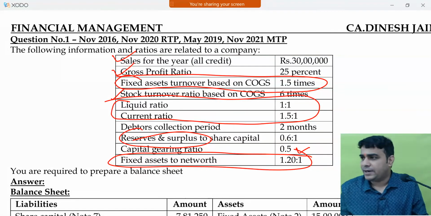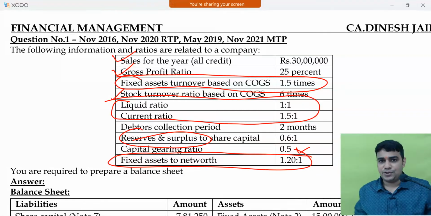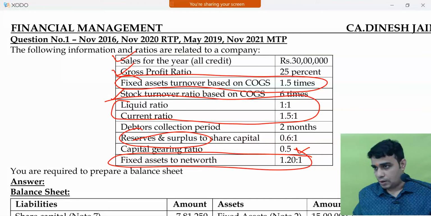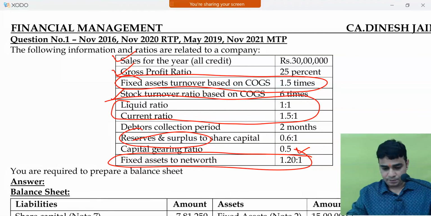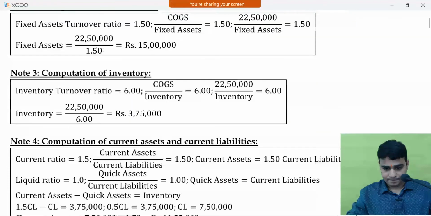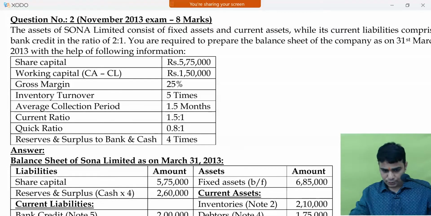Others are self-explanatory. I'm not telling them as important adjustments. Stock turnover ratio based on COGS is easily understandable. Fixed asset turnover ratio based on COGS is easily understandable. The critical ratios are liquid ratio and current ratio with stock combination, and the second one is your capital gearing ratio. Go through question 2.